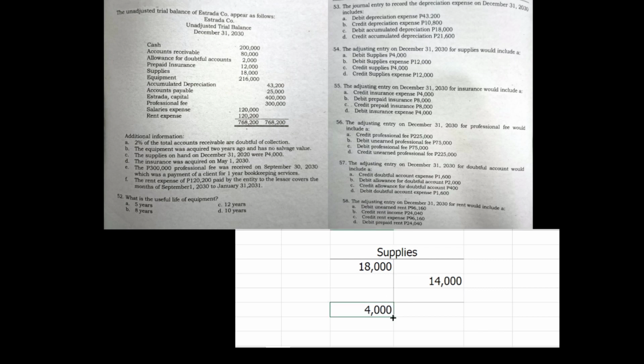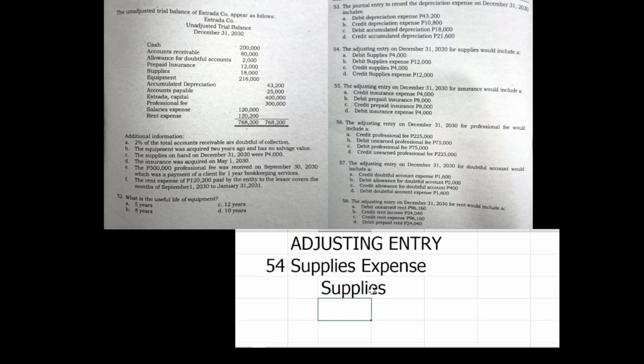So, yung totoong amount na dapat is 4,000 yung magre-reflect. So, dapat ma-record natin tong supplies expense na to. So, debit tayo ng supplies expense, that is 14,000, and then credit tayo ng supplies of 14,000. Okay, so again, ito yung magiging adjusting entry natin.